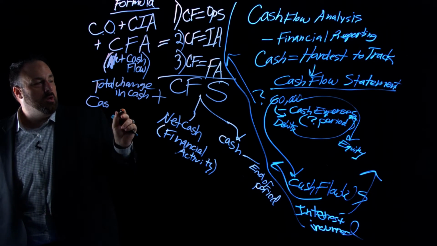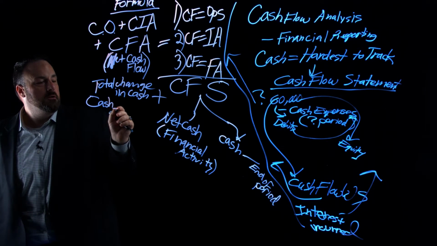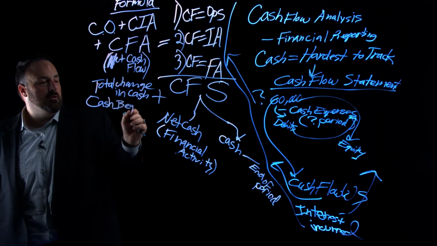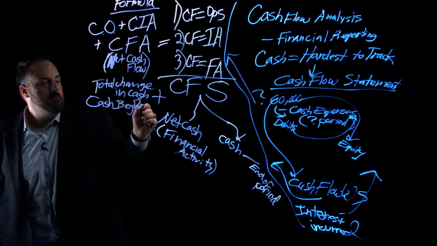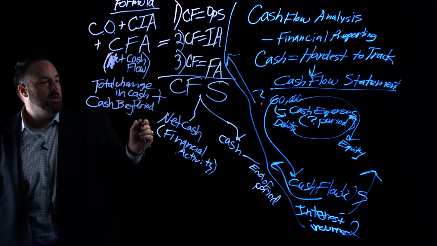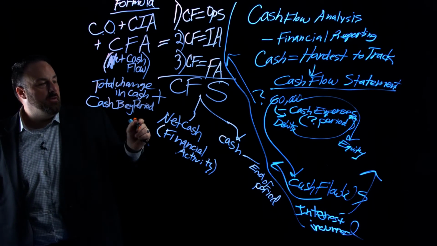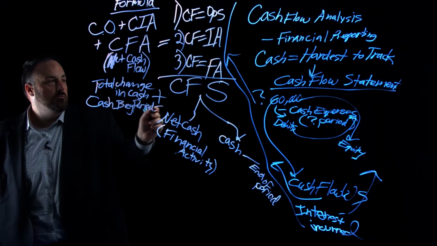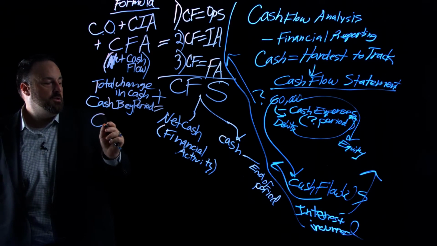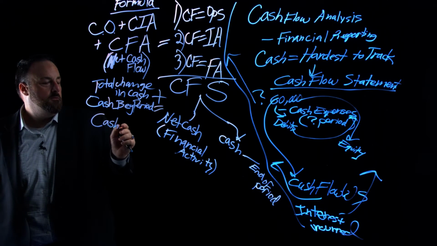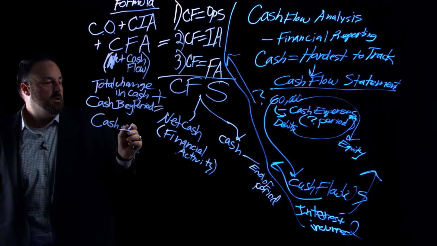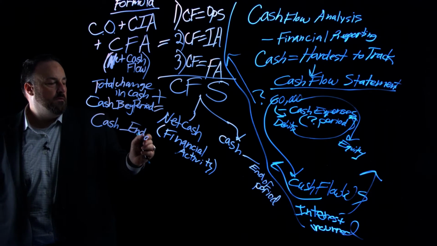We add that to a number, cash beginning period. We take those two numbers, we add those together, and that will then equal cash end of period.